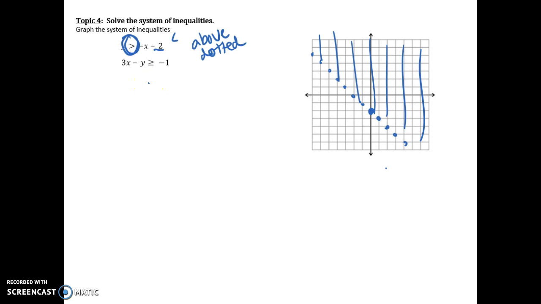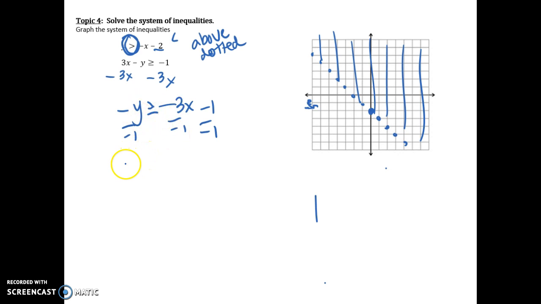Let's see. Now this one, let's go ahead and put it into y equals mx plus b form, so we'll subtract 3x. And then I have to divide by -1. Now here's a trick that I didn't remind you of in the last video. Whenever you have an inequality and you divide by a negative, you have to flip the inequality sign. So y is less than or equal to 3x plus 1.